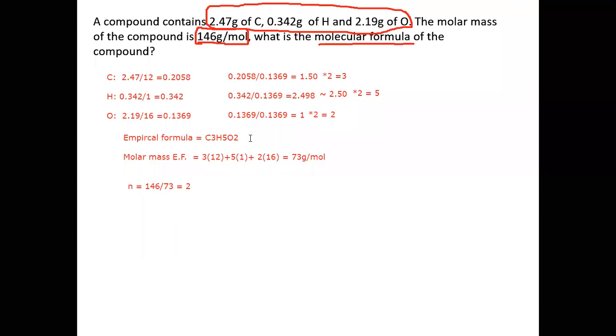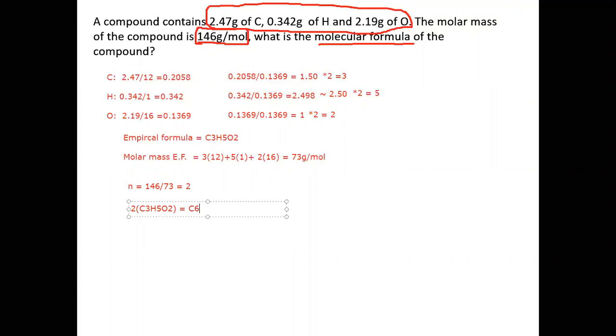We take the molar mass of the molecular formula that was given to us in the problem, 146 divided by 73 gives us 2. But then we multiply the empirical formula by 2.